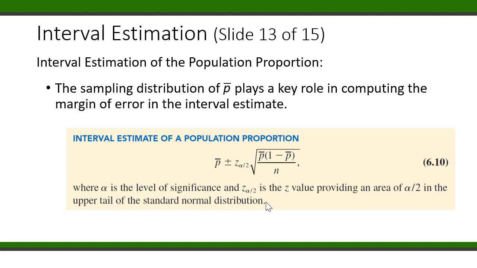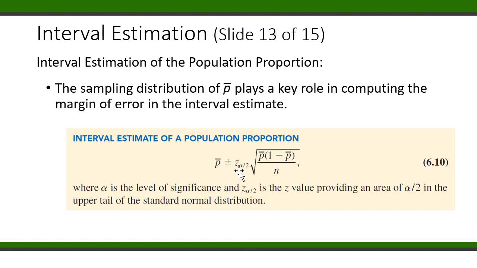So what about proportion interval estimation? It works in a very similar way. The interval estimate for a population proportion is this formula. Again, alpha is the level of significance, and z is the value providing an area of alpha divided by 2 in the upper tail of a standard normal distribution.